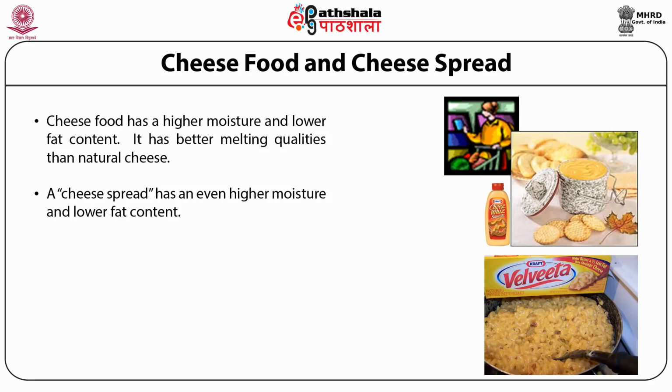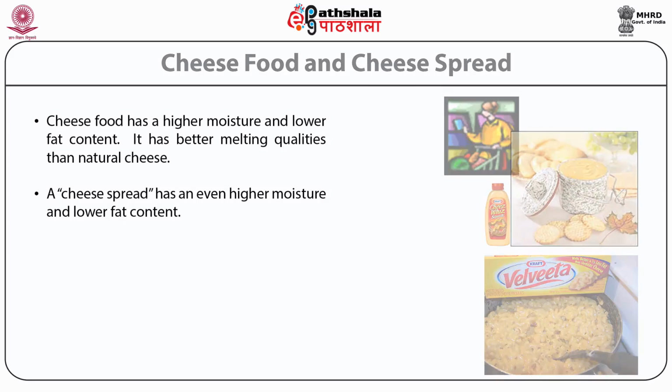As the name indicates, these cheeses can be spread on any slice or any substance, while cheese food is a product which has to be eaten as such. It has slightly lower moisture content than cheese spread but a higher moisture content than natural cheeses.